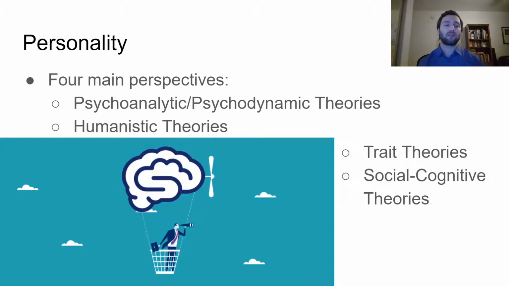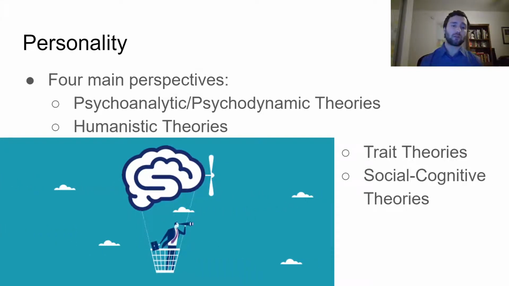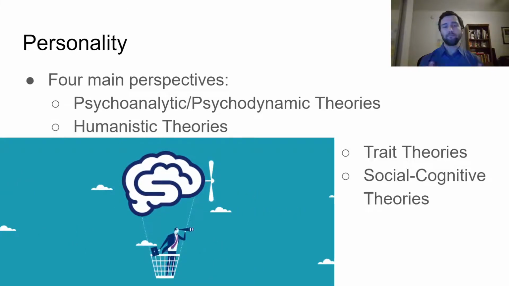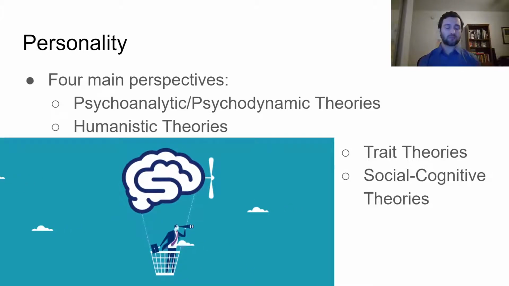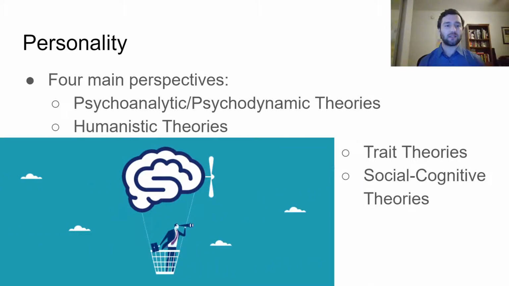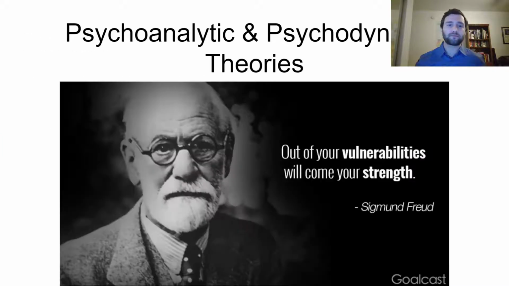You won't see the other 3 in this first video. In later videos, we'll talk about the humanistic theories, trait theories, and social cognitive theories. Again, there are multiple theories in each one, so there will be differences for each piece, but we're going to focus on them as general perspectives of looking at, explaining, and understanding personality.